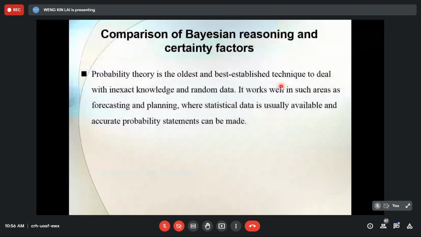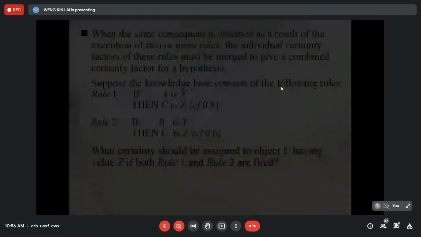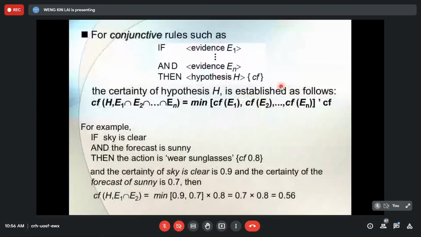you see over here what I want to show. For example, if you ask the expert, should I wear sunglasses today? Wearing sunglasses, based on my judgment, is 0.8 certain factor. But you see here, you have two other conditions. The condition that the sky is clear is given by the evidence, and it is 0.9.